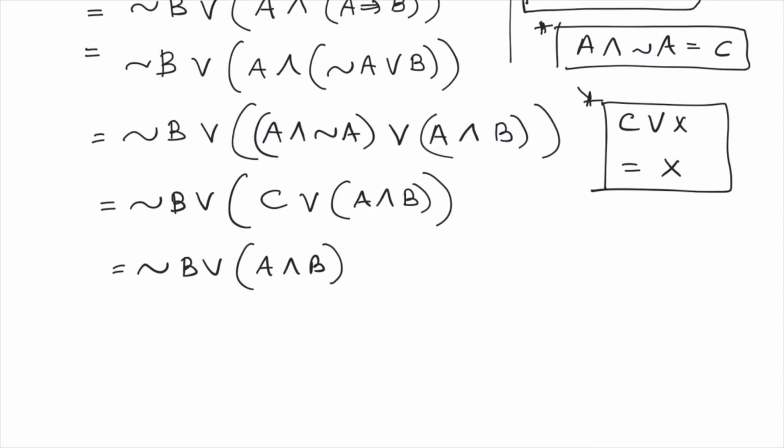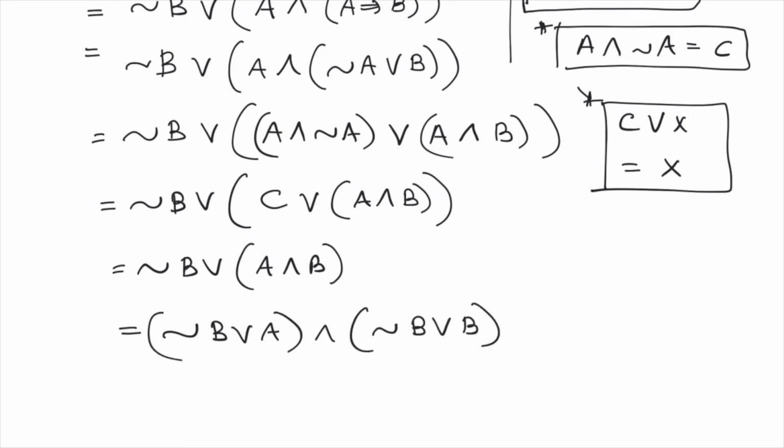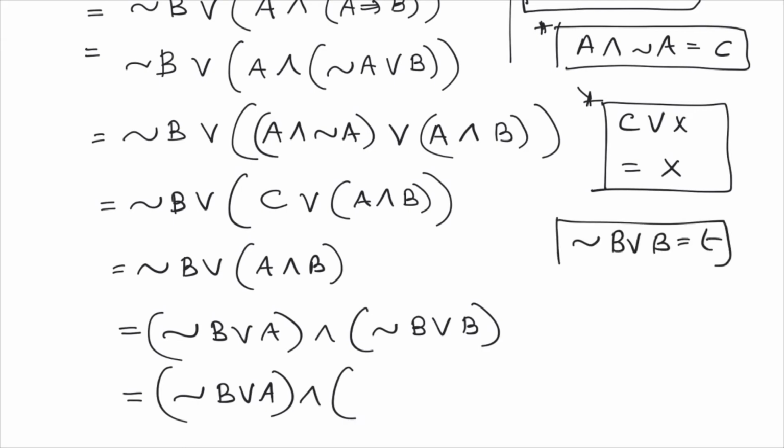Now again, use distributive property: negation B or A and negation B or B. So this is going to be negation B or A, and this negation B or B is going to be T. Again, this is one of the negation laws. So this is going to be T.